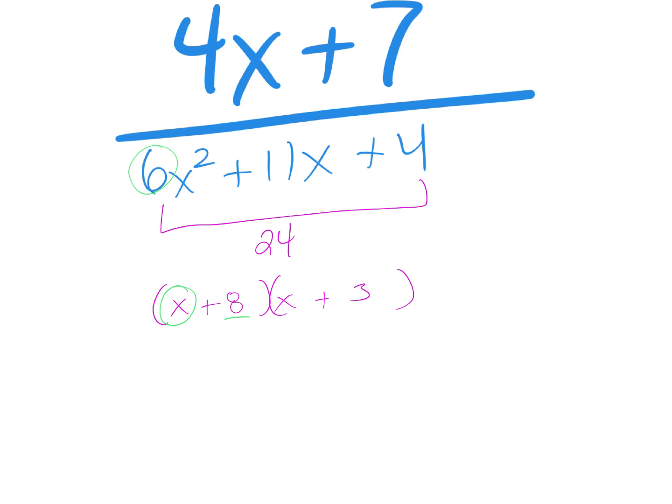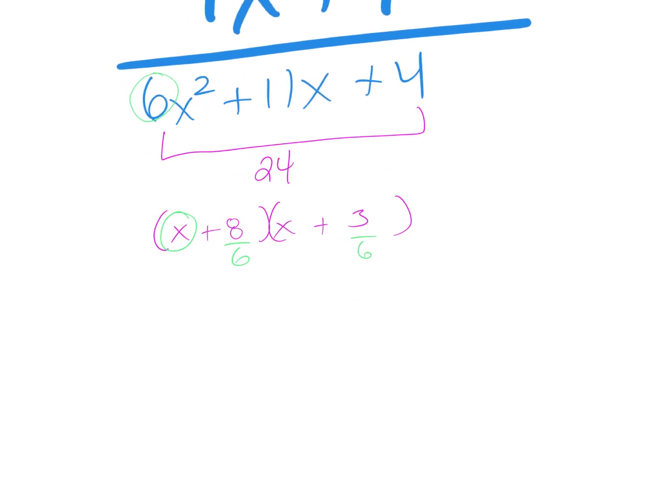So I need to divide both of these by 6, correct? So then this becomes 4 over 3. And this becomes 1 over 2. Yes or no? Okay. So my 2 factors in my denominator are 3x plus 4 and 2x plus 3. Does everybody agree with me?